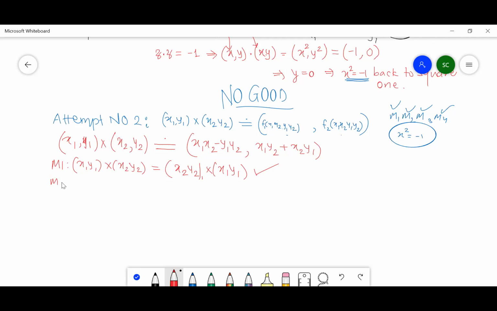M2: (x1, y1) into (x2, y2) multiplied by (x3, y3). Let us try to find out this product. It is (x1, y1) times (x2 x3 minus y2 y3, x2 y3 plus x3 y2).